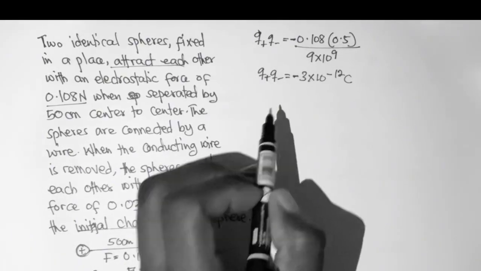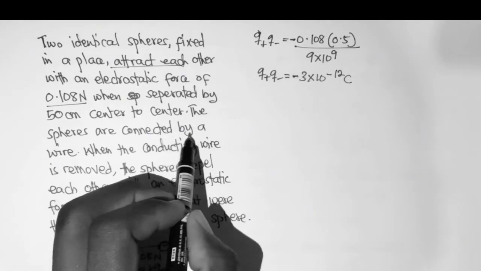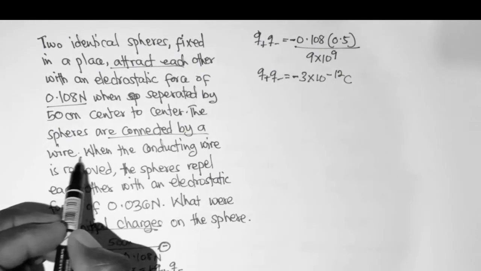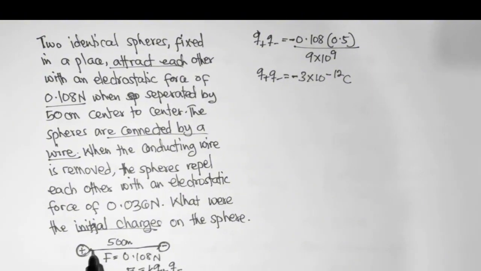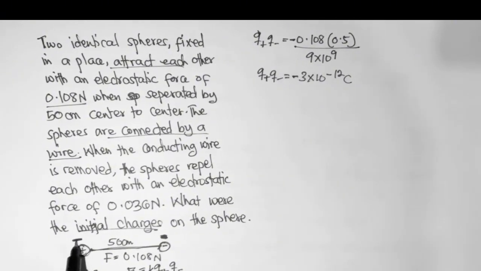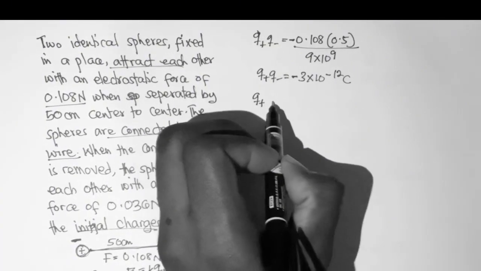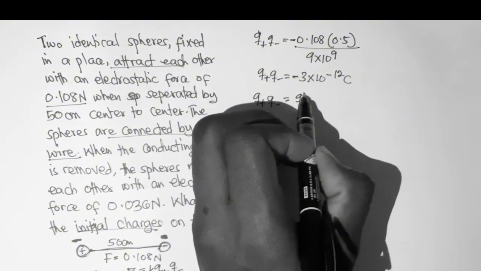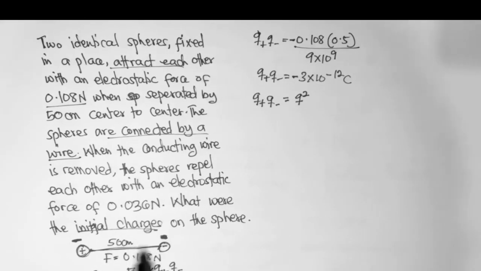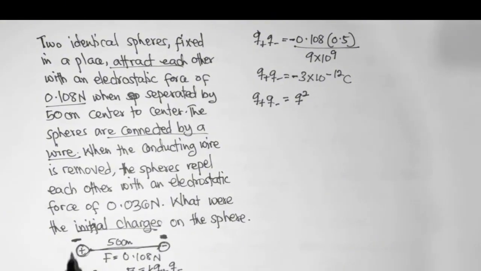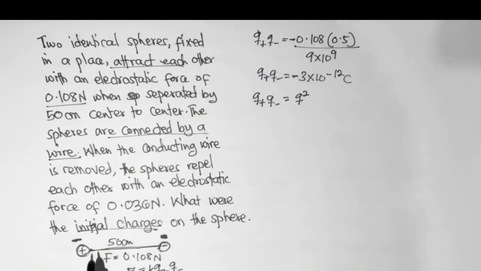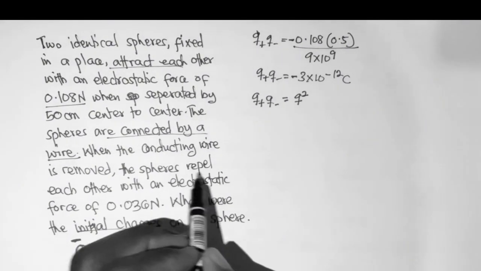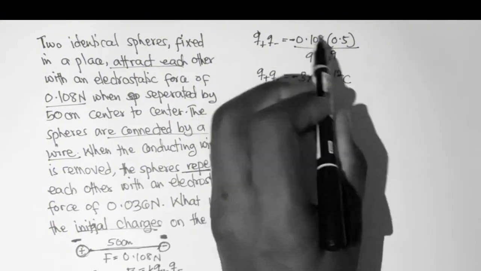Now, the second part of the question says that the spheres are connected by a wire. If it is connected by a wire, there will be redistribution of charge, such that the total amount of charge in this sphere will be equal to the total amount of charge here. And therefore, Q plus times Q minus is just going to give us Q times Q, which is Q squared, because the redistribution of charges makes the charges here equal to the charges here. But in that second case, they repel each other, and therefore this force is no more negative.